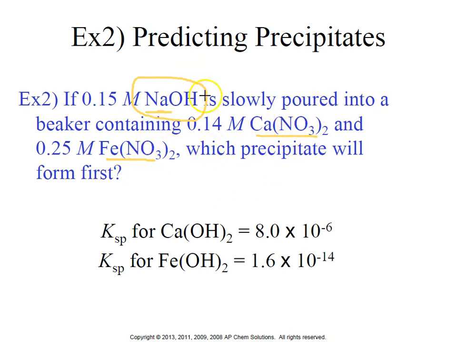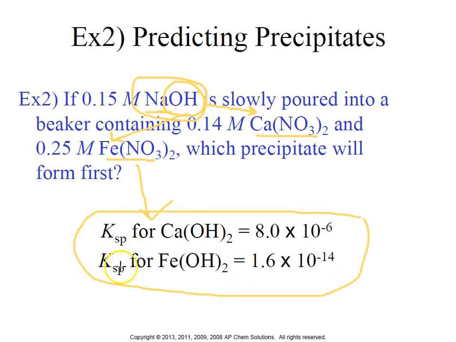However, when we combine these, the hydroxide can form a precipitate with both the calcium and the iron. So we have 2 possible precipitates, which are shown right here, and we have their KSP values. So the question is, will the calcium hydroxide form first, or will the iron hydroxide form first in terms of a precipitate?